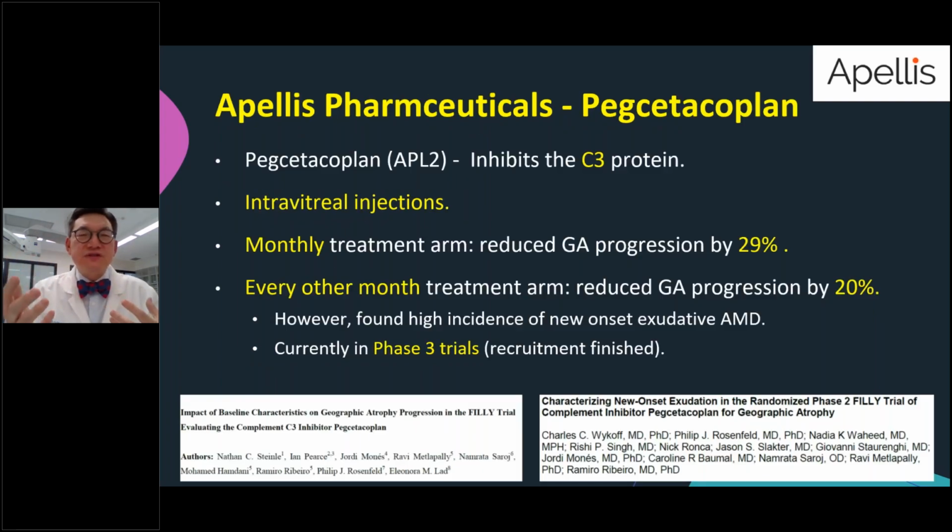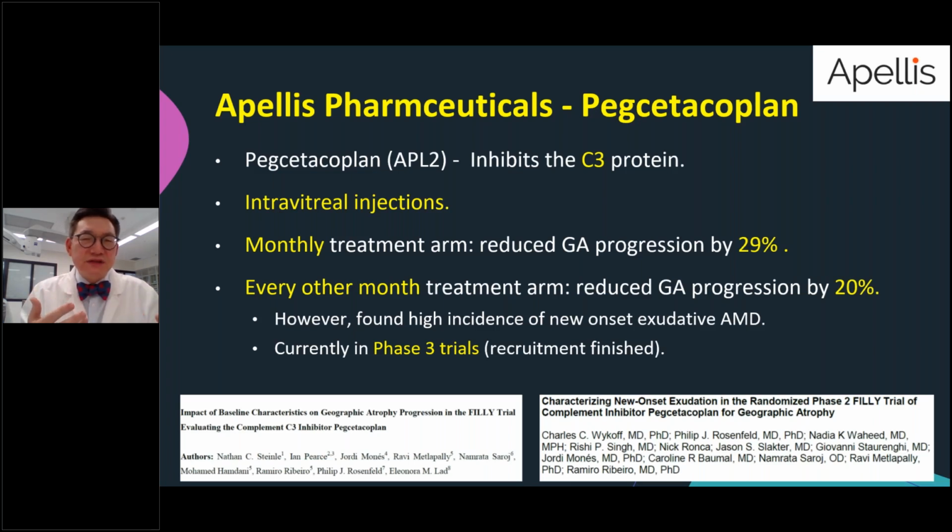This is the first drug, APL2. It inhibits a protein called C3, C for complement, number 3 protein. It's given by an intravitreal injection, much the same way as drugs are given for wet macular degeneration.